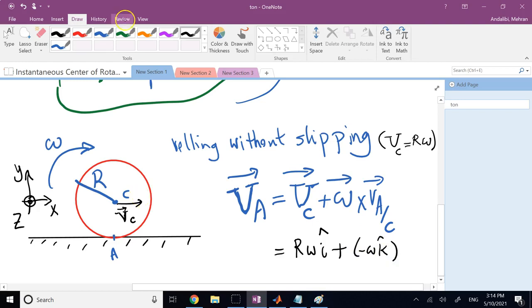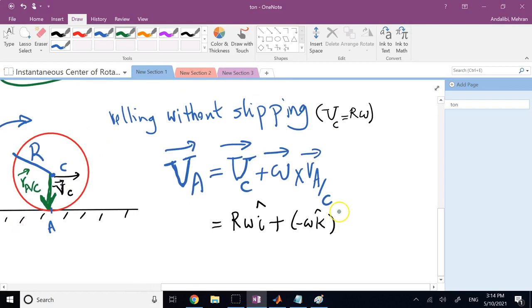And R of A with respect to C is this vector, which has magnitude r in the negative j direction. And if you carry out the cross product, k cross j is what?